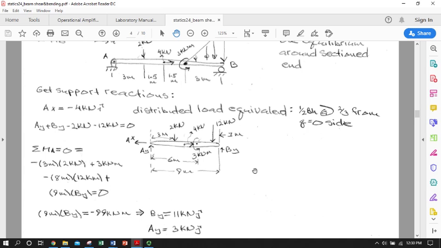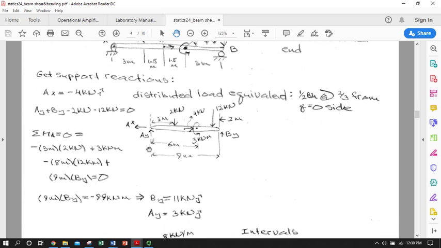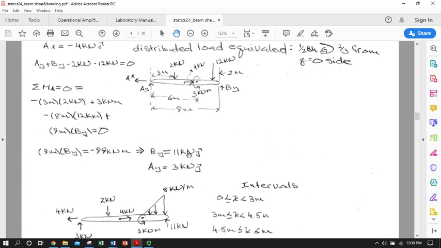So if I crank through those conditions of equilibrium, setting the sum of the forces in the x equal to 0, the sum of the forces in the y equals 0, and taking the sum of the moments about point A, I get my support reactions. So I get 11 kilonewtons upward at B, and I get 3 kilonewtons upward at A.